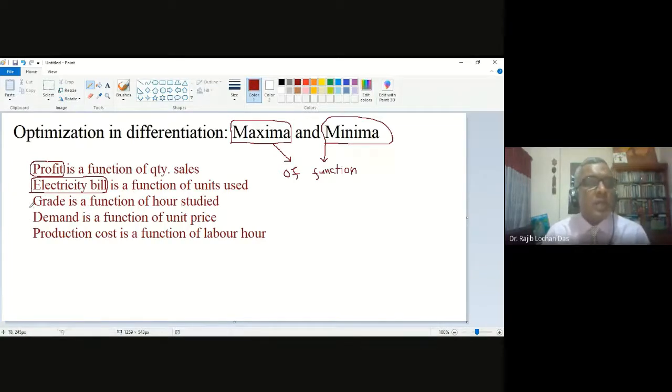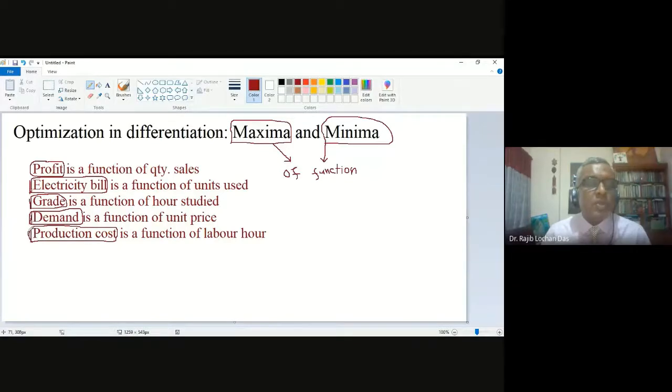If you think about grade, you will say, I want the maximum grade possible. If you think about demand, you will say, I want the maximum demand. If you think about production cost, you will say, no, I want the minimum production cost. You understand my point? Based on the function, sometimes we want the maximum and sometimes we want the minimum.